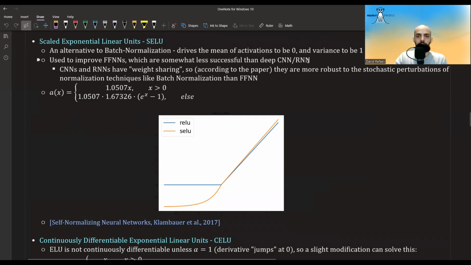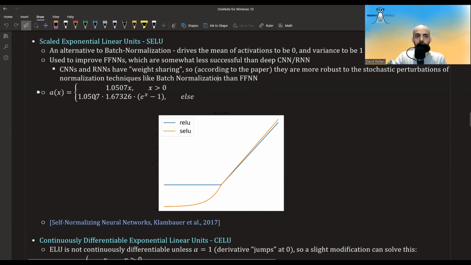CNNs and RNNs are a bit more robust to the stochastic nature of batch norm, which only uses information from batches and not the entire data set. But feed-forward neural networks don't have this weight sharing ability, so they are less robust to the batch norm stochasticity. And so using SELU alleviates the problem. You can use them on feed-forward neural networks.